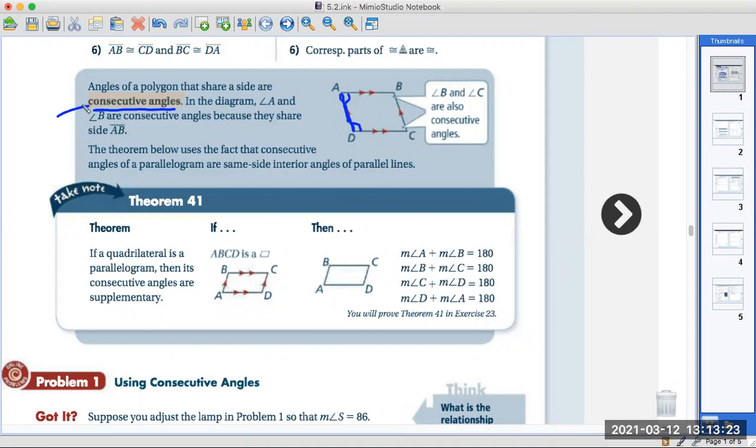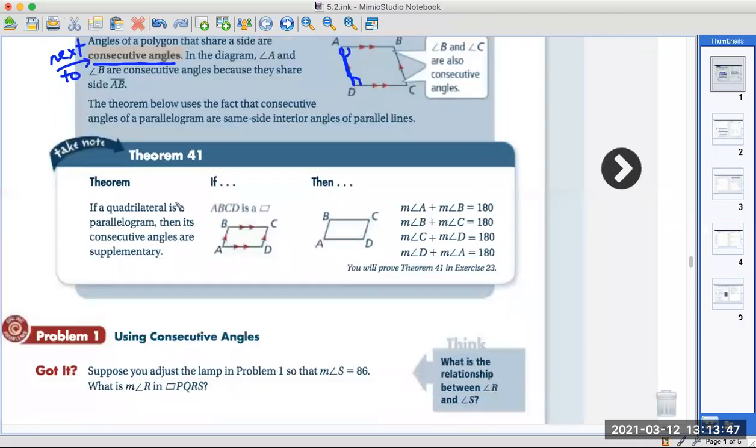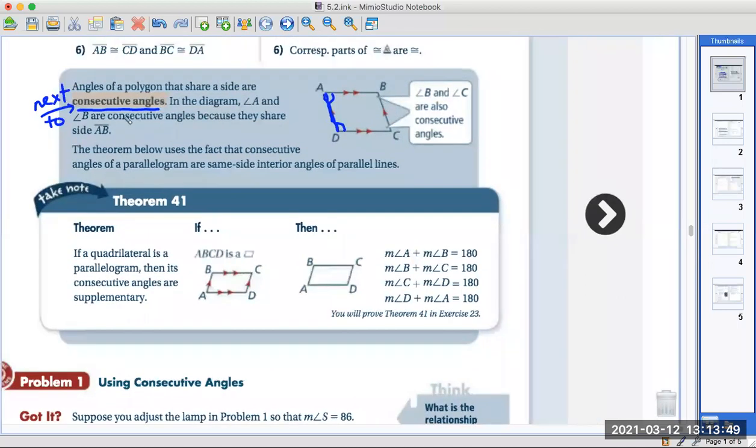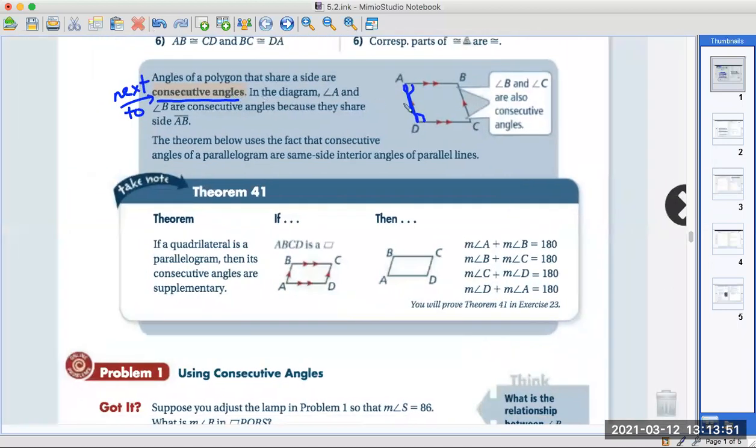Think of consecutive as next to each other. In the diagram, angle A and B are consecutive angles because they share side AB. There it is, okay? B and C are also consecutive because they share the side BC. So now another theorem. So this is just explaining what the words consecutive angles mean. Opposite angles, consecutive angles.